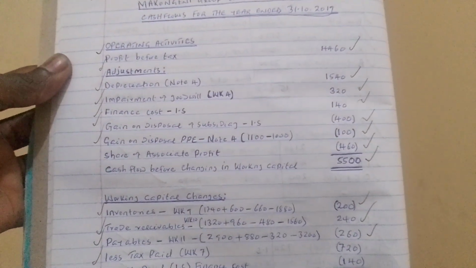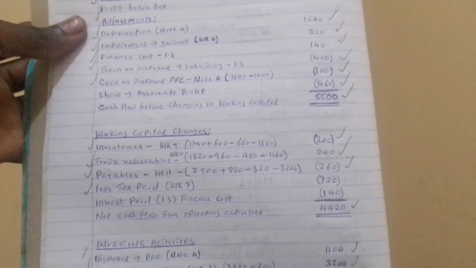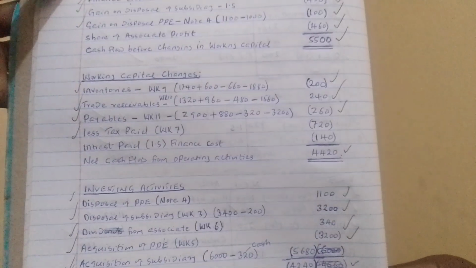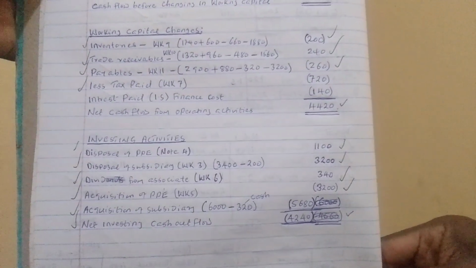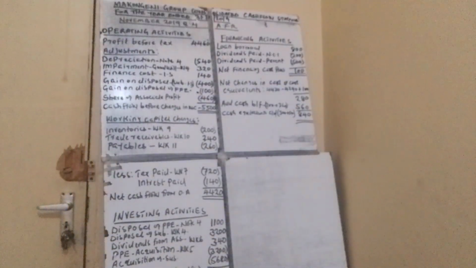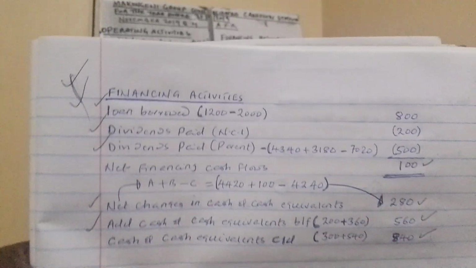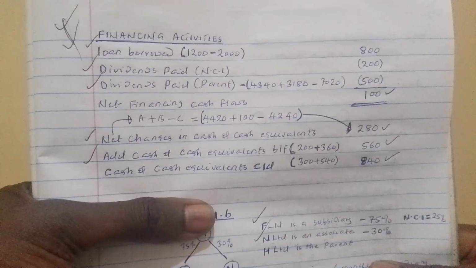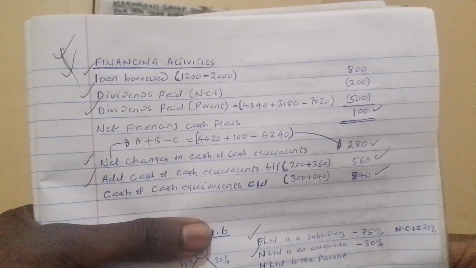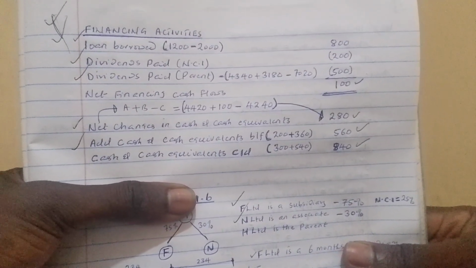You can see operating activities just as it is on the board. Then working capital changes, investing activities, will be showing the figure, right? And the last part will be financing activities. The financing activities, you find those figures as they appear there.